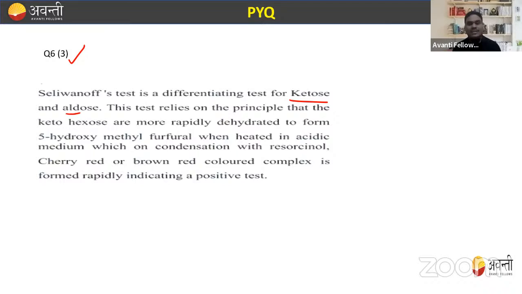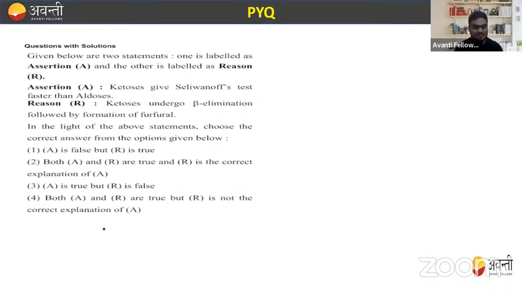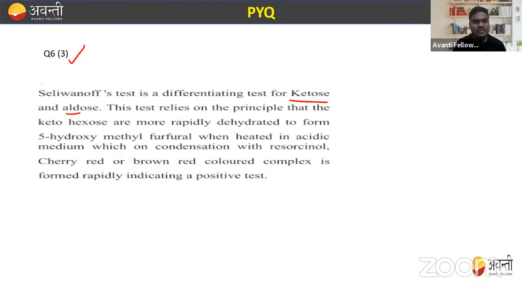And this indicates the positive test. So we can say that yes, ketoses give Seliwanoff's test faster than aldoses, right? So this is the correct answer for this question, that is option number 3. The assertion is true, but the reason behind it is false, right?